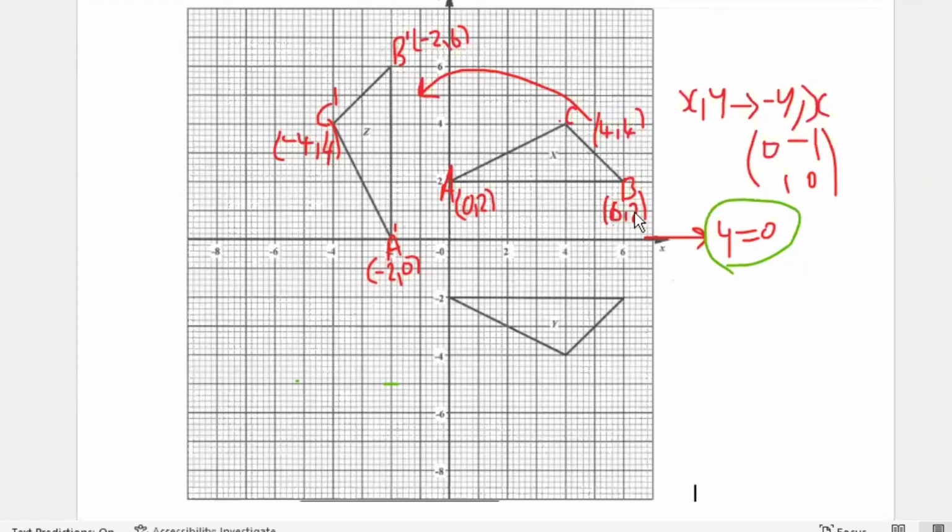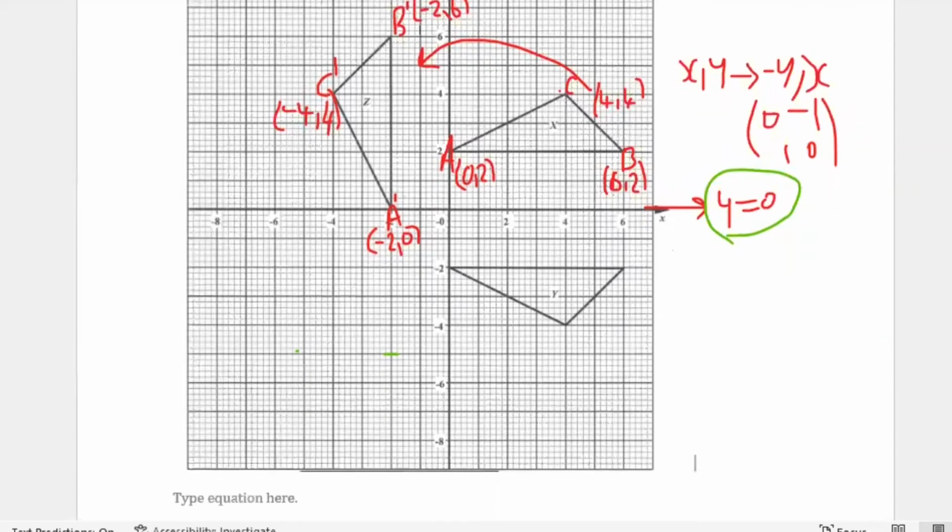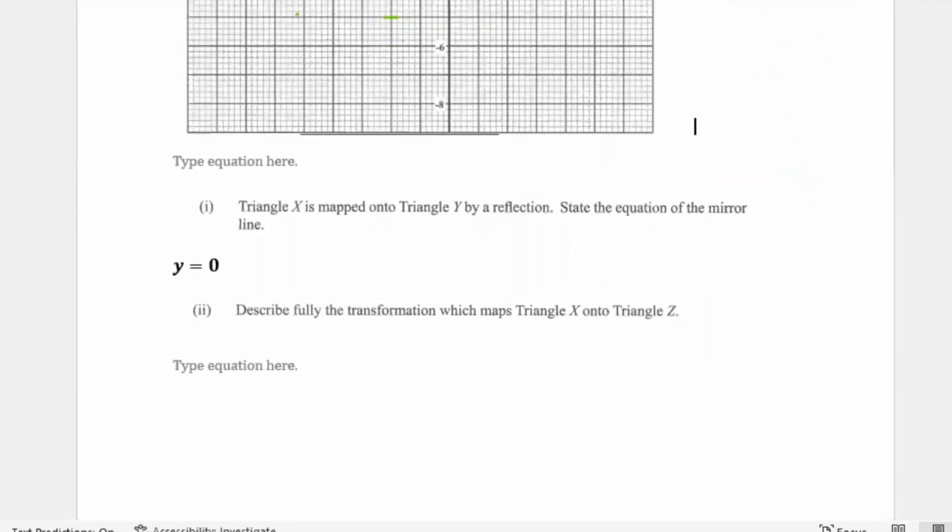The value is flipped, and now we have -2, 6. Same thing for 4 here. This flip isn't noticeable, but you'll realize that our x value becomes negative. So it now is -4, 4. So our answer is everything that we just discussed.